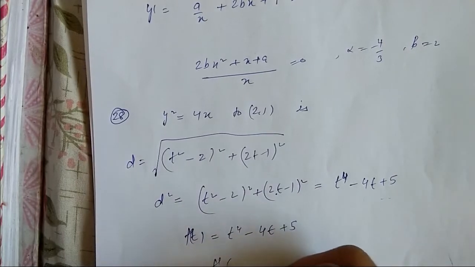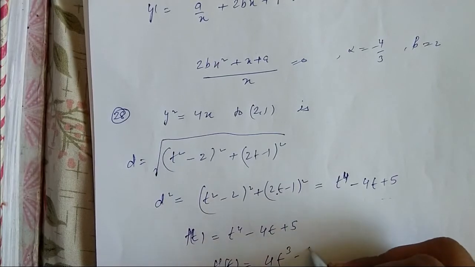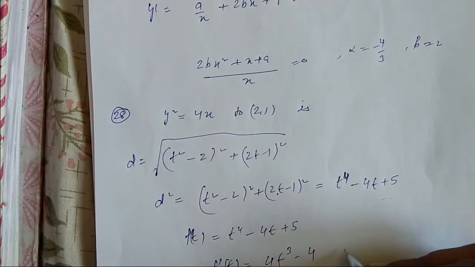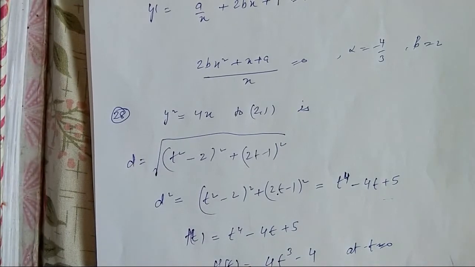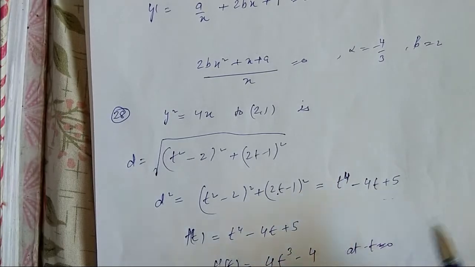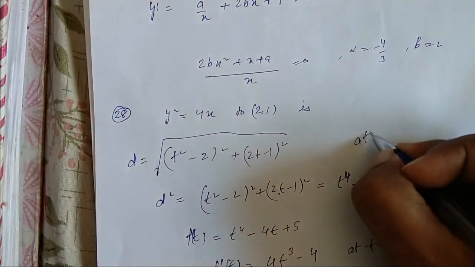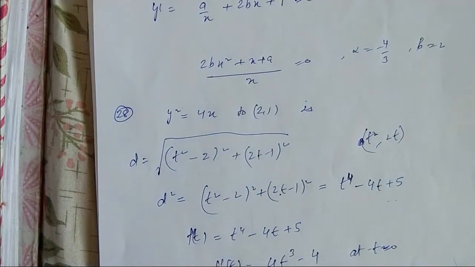Then f dash t would be equal to 4t cube minus 4, which is 0 at t is equal to 1. Okay, so put the value of t over here to get the minimum distance, and put the value of t in t square comma 2t to get that point.